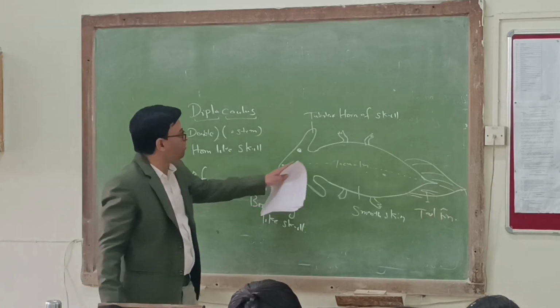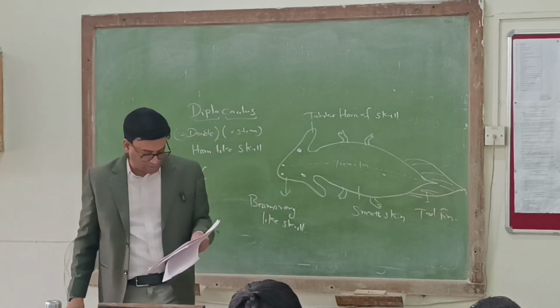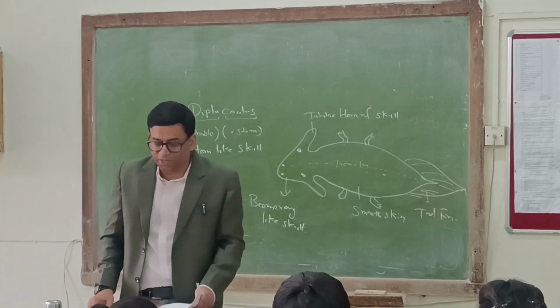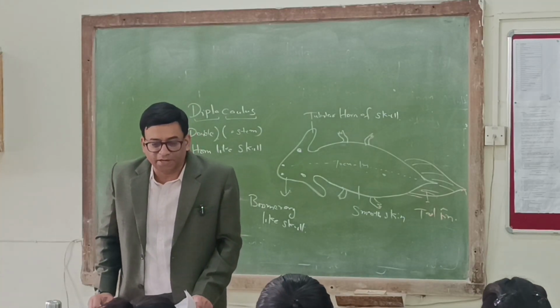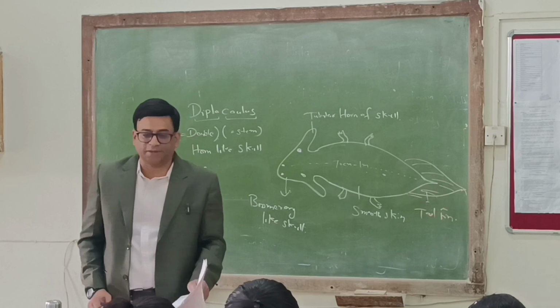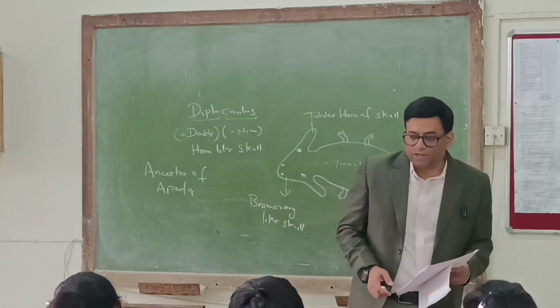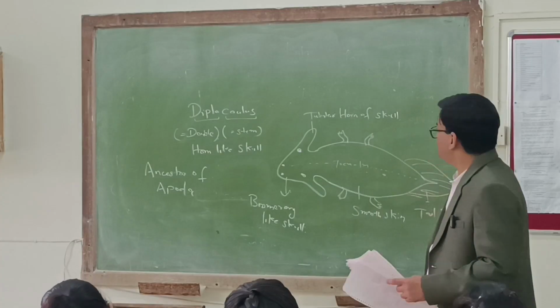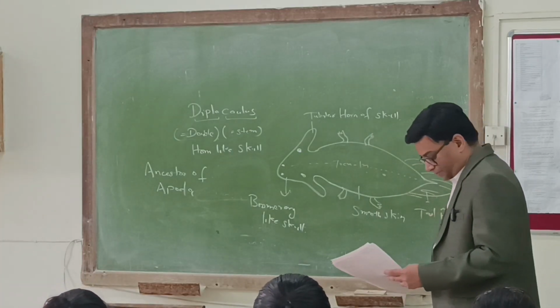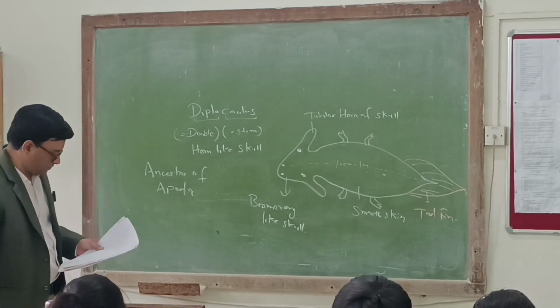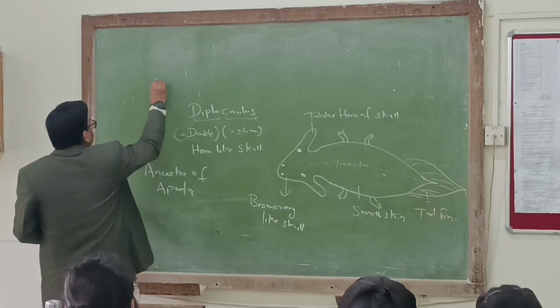This is the tubular horn of the boomerang type skull, Diplocolus. This is very, very unique in vertebrate paleontology because of its shape. So this is all about the Diplocolus, and this belongs to what? Lipospondyli. The category is Lipospondyli.